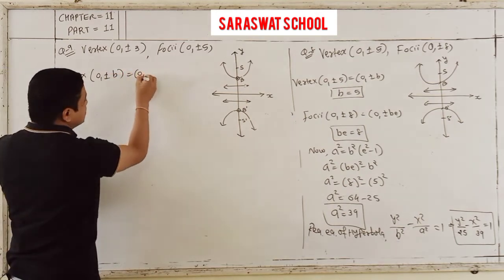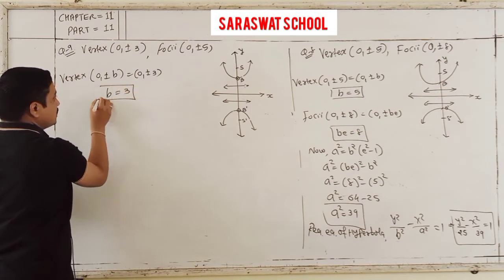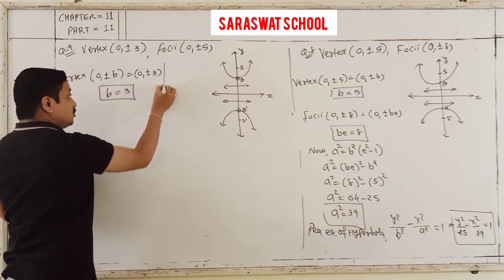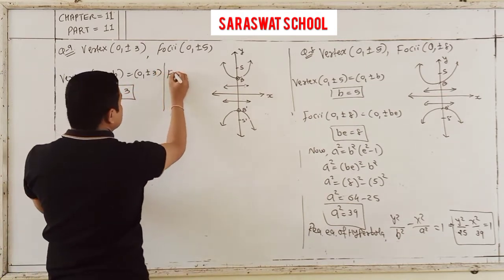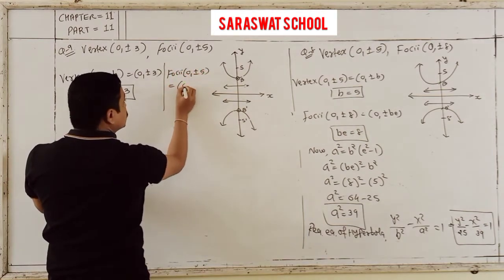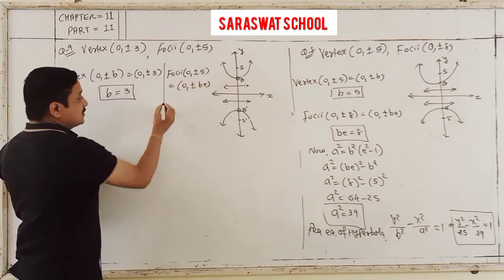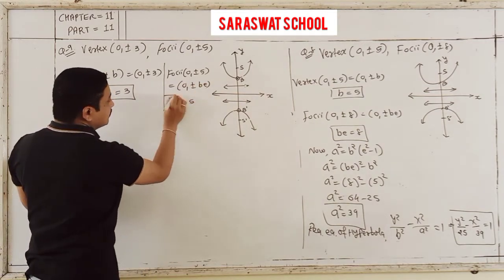So (0, ±3), surely b is equal to 3. Now for the foci, (0, ±5), we write (0, ±b) on the y-axis. So b is equal to 5.